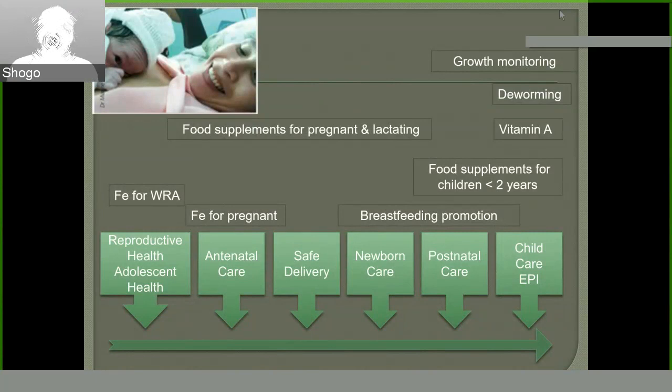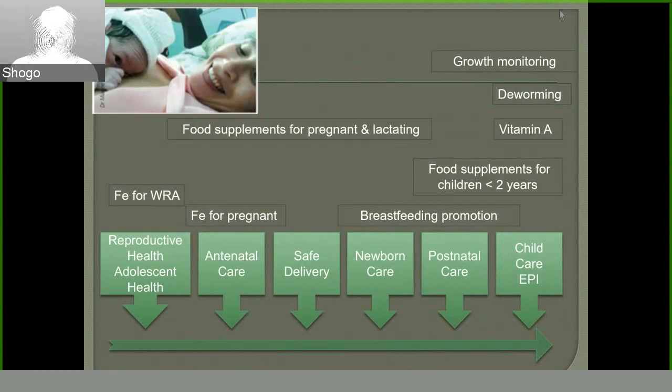So if you see the example of newborn care, initiation of breastfeeding is introduced through early essential newborn care and continued through breastfeeding counseling and PNC, and then picked up by IYCF in the community. So there is a continuum of care.